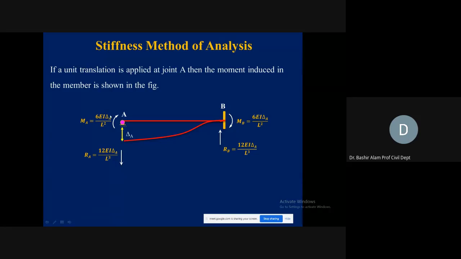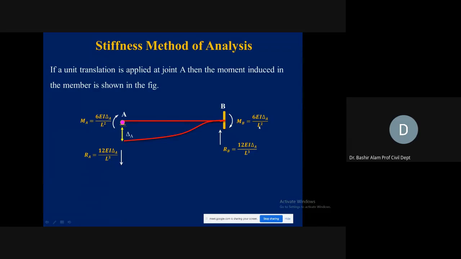Once you know the amount of the unbalanced moment, it is very easy to find the amount of the couple. The couple will be the summation of these unbalanced moments. For this specific problem on the screen right now, it will become 6EI delta A divided by L square plus 6EI delta A divided by L square, which is 12EI delta A divided by L square.